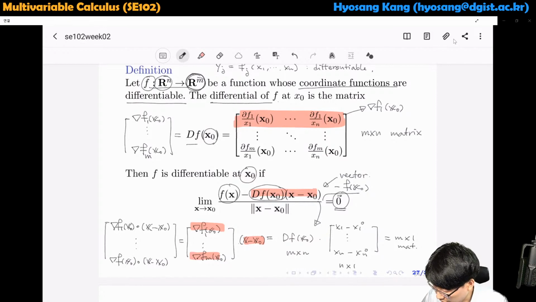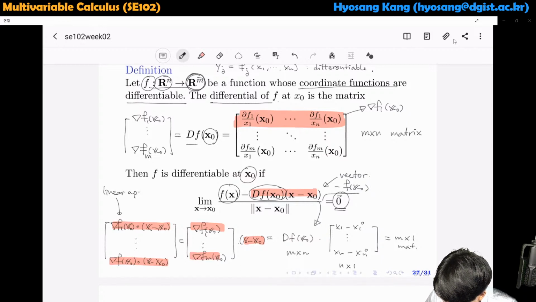So this part, the red part, becomes the vector of these expressions. If you combine this expression with the value of f at x0, this is the linear approximation of fi at x0.